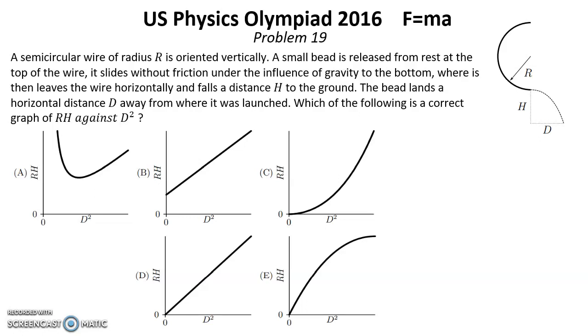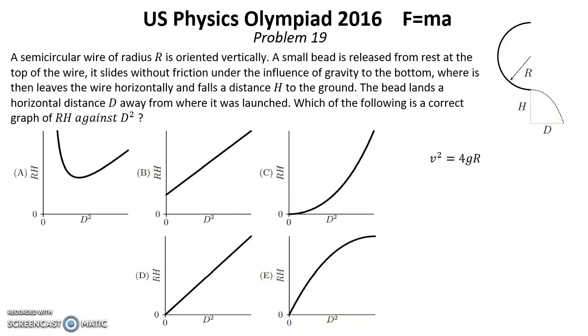First, we can find the speed of this bead when it leaves this wire. From energy conservation, we have v squared equals 4gr. Now we know the speed, and we can count the total time to travel.